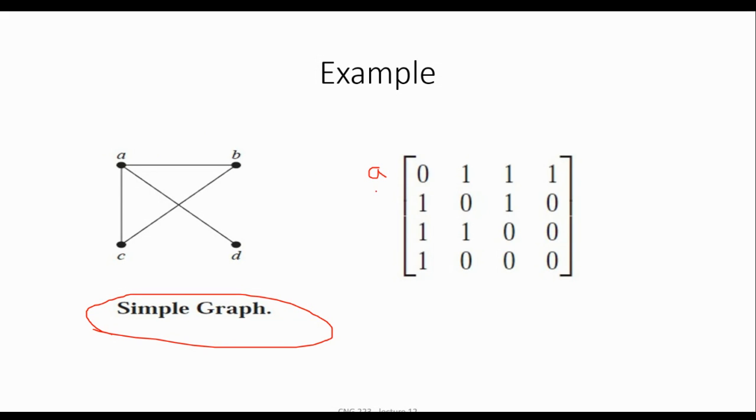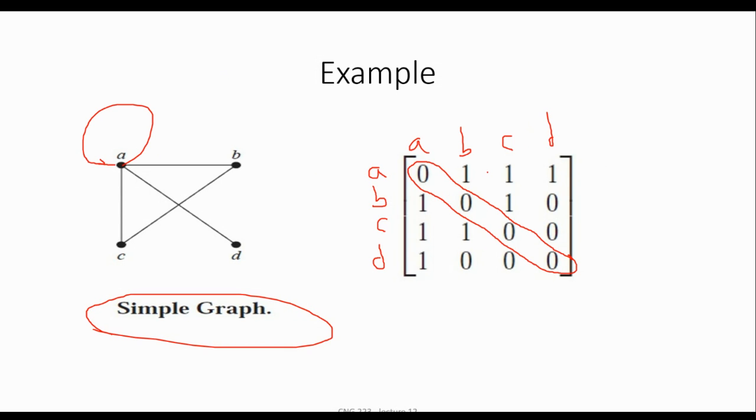Whenever we are dealing with a simple graph, we should know that the diagonal of the matrix should be all 0. You see? Because there's not a loop here. If this one was 1, it means that I had such a loop. And this is not directed, so I don't even show the direction here. So for a simple matrix, this is the case for sure.